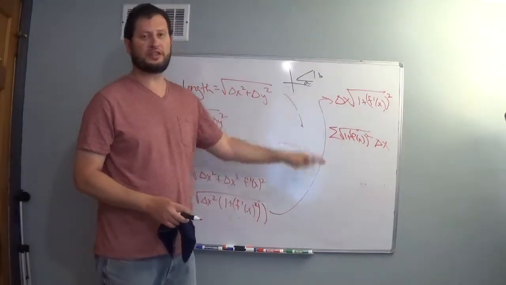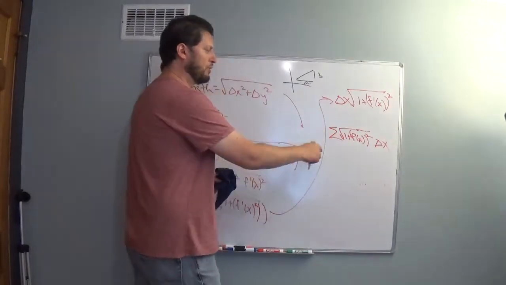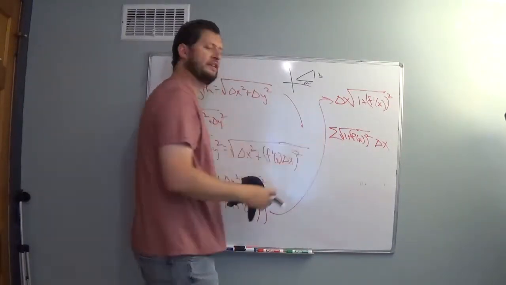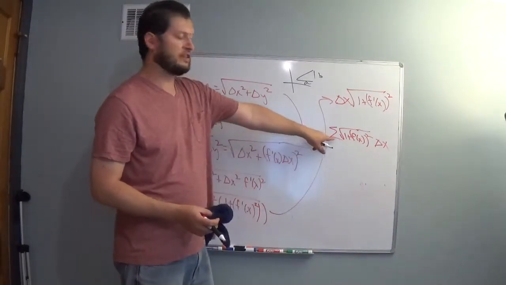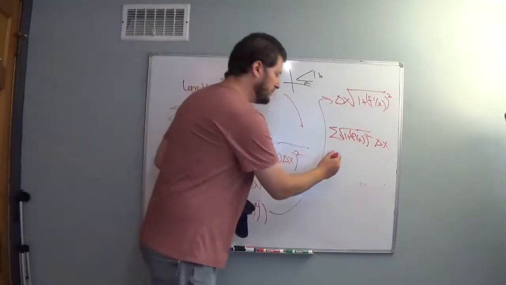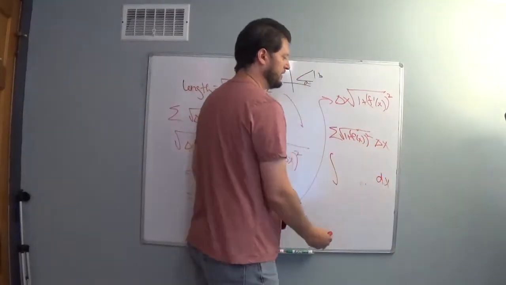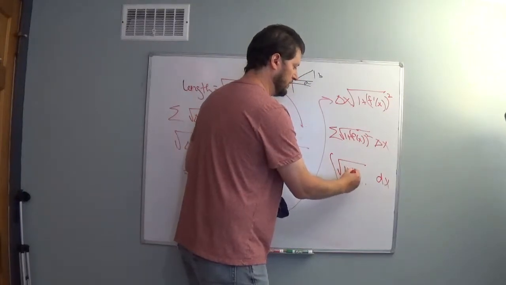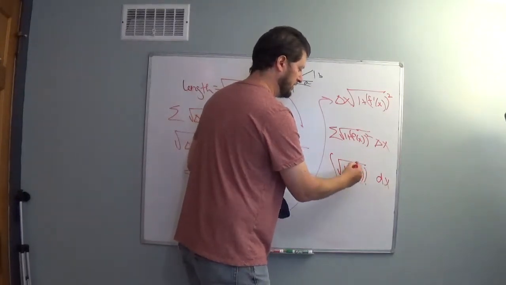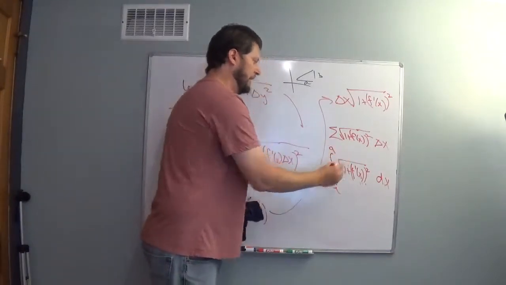In the end, I want to just get to the formula, so I'm hiding some of those. But remember, when I take the limit as the number of approximating subintervals goes to infinity, the sigma, the sum, becomes an integral. The delta x becomes a dx. This formula stays the same, the square root of 1 plus f prime at x squared. And this will then go from a to b.